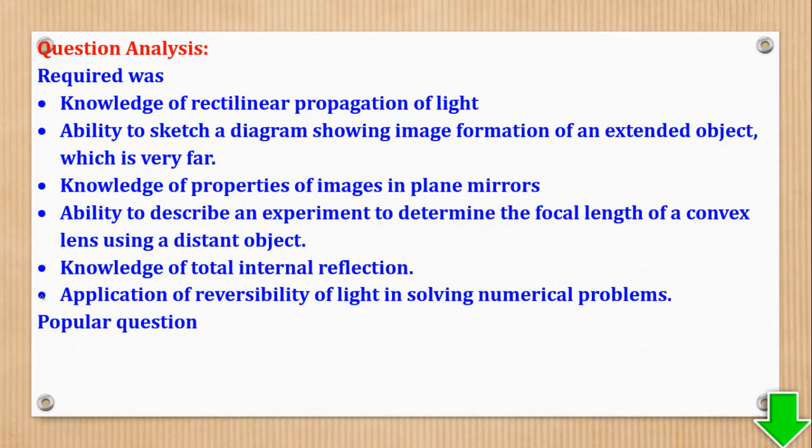So here for me what I used was Snell's law. So you can use this or Snell's law.